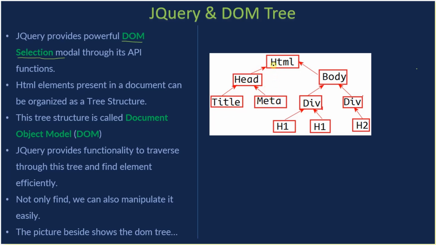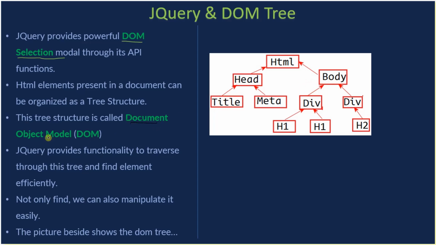So here you are seeing one part of the document tree. The other part, if you see, inside the HTML we have body also, and in the body we have two div elements. Within the first div we have two h1, and within the second div we have an h2 element. And if you see, the HTML document is represented here as a document object model, DOM, right?